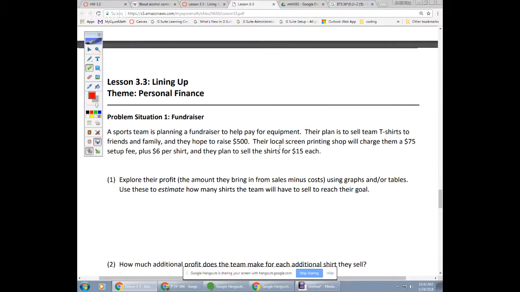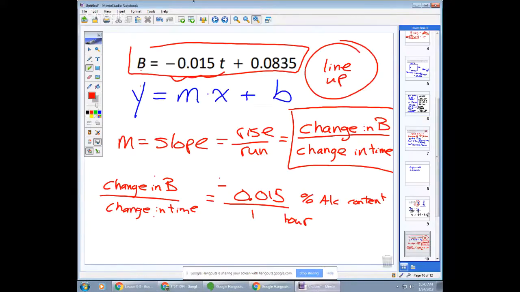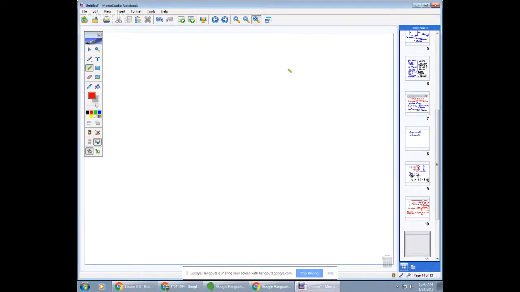So what we want to figure out is how much they make, and that's the idea of profit. So let me just make a couple notes on that. Whenever you have a situation like this where you buy and sell stuff, you have cost. And in this situation, we have a fixed cost and we have a variable cost.